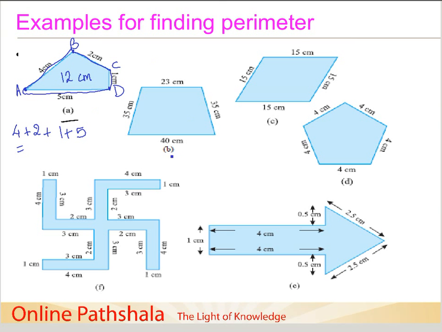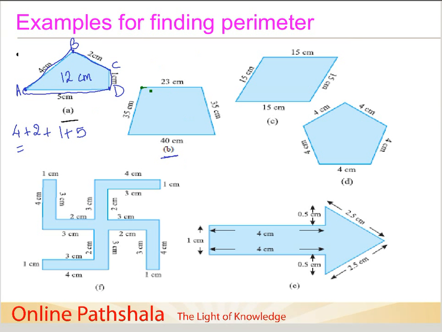Now let us have a look at figure B. In this case again we will follow the same rule, that is, we just pick up one point and travel along the periphery and we add the sum of the sides, or in simple words we simply add the length of the sides of an object to get the perimeter.